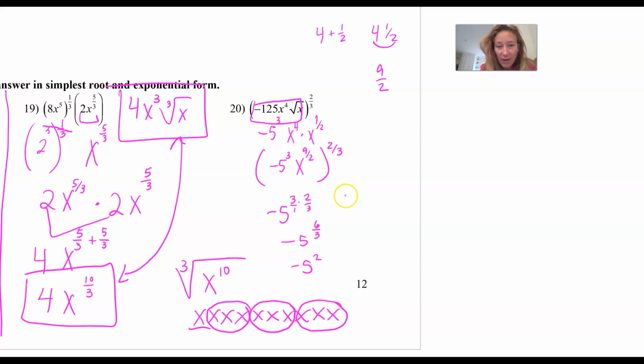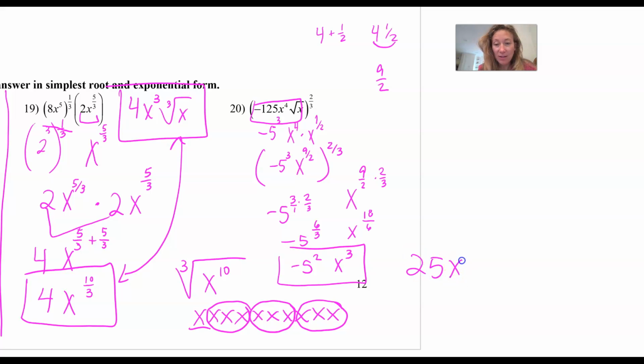Then I have x to the 9 halves times 2/3, which gives me x to the 18/6, which is x to the 3rd, which is almost the answer. But I want to simplify that negative 5 squared. So negative 5 times negative 5, positive 25 x to the 3rd.